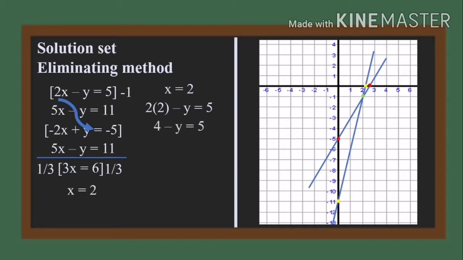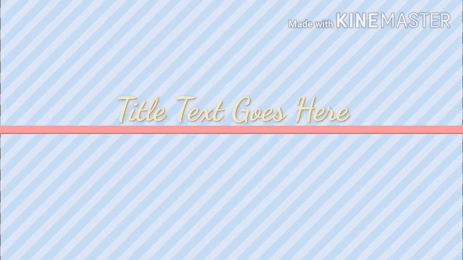The next thing you need to do is transpose the 4, and it will become negative 4. So we have negative y is equal to negative 1. Then divide both sides by negative 1 or multiply both sides by negative 1. Then the value of y is equal to negative 1.